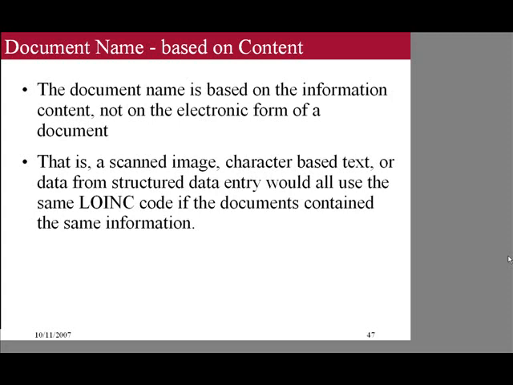The name should imply the kind of content that you expect. What we don't do, and this is something that we've had a lot of discussion over, is make LOINC codes that distinguish whether the document is text, whether it's scanned, whether it's XML formatted, whether it's Word formatted, a JPEG, etc. LOINC is naming things based on the information content that's expected in the document, and then you would have other parts in the message that would tell you whether this was a PDF file, free text, JPEG, or XML with markup.